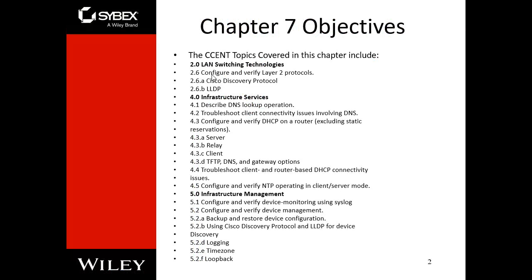All right. In this chapter, we're going to be talking about such things as configuring our layer 2 protocols and verifying their operation. Also, the Cisco Discovery Protocol, which we did discuss last week. The LLDP, which is very similar to the Cisco Discovery Protocol.